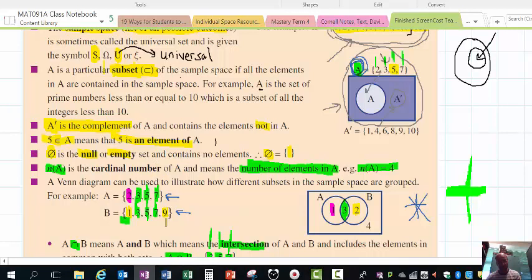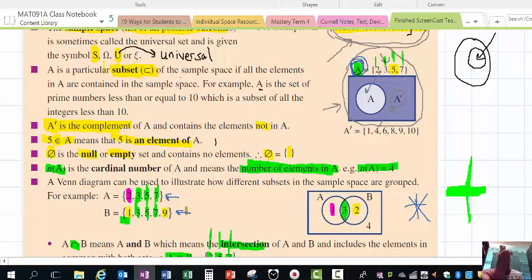Now not everything in the original set was there, because we had 1, 2, 3, 4, 5, 6, 7, 8, 9, 10. Well, 1 is accounted for, 2 is accounted for, but what about 3, yes, 4?